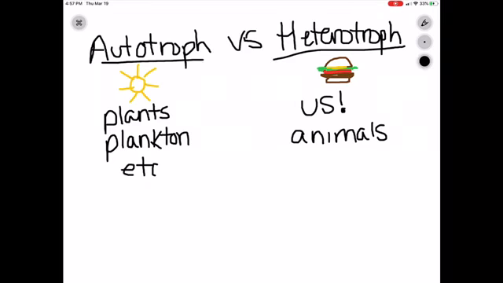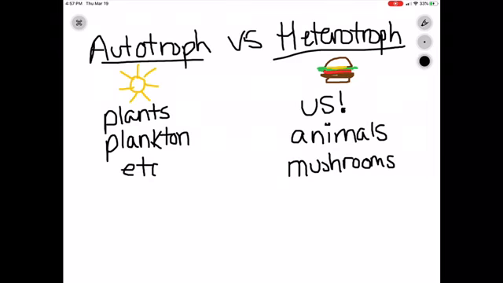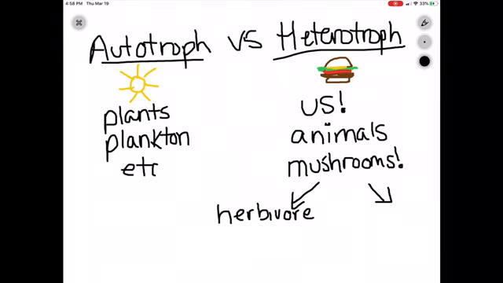Animals, it doesn't matter if they like meat or plants, they're eating something different or not getting their energy from the sun. And mushrooms, so a lot of people have gotten this one wrong. So if you remember back to that cladogram activity we did, and it said mushrooms are more related to geckos because they're actually a heterotroph.